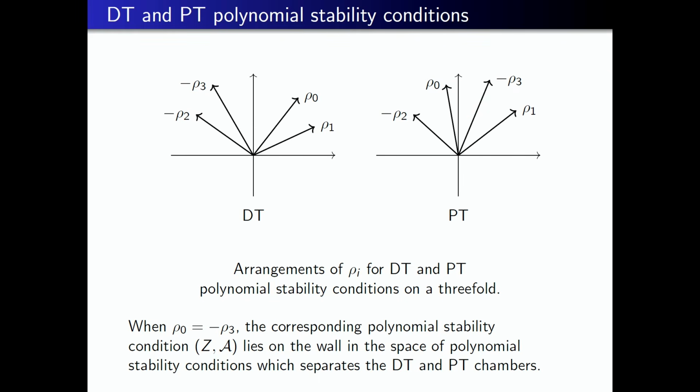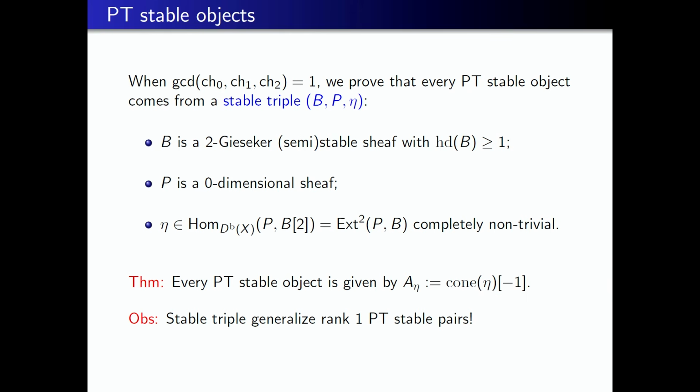So take this configuration of rows, look at what are the polynomial stable objects, and these are what we are calling PT stable objects. Okay? And then these PT stable objects can be described in more sheaf theoretical terms, in terms of these things that I'm calling stable triples. Okay?